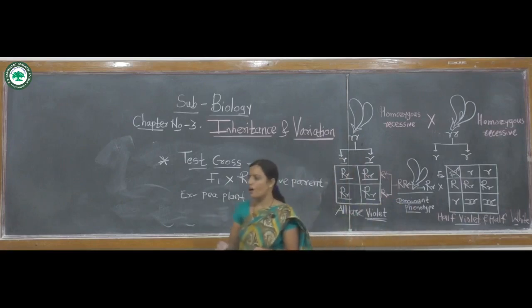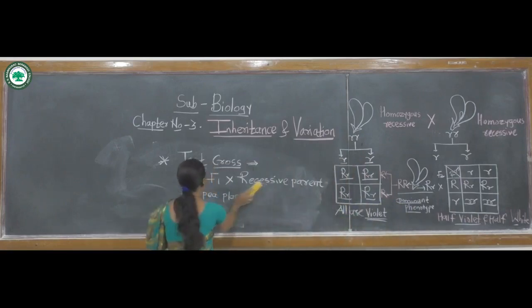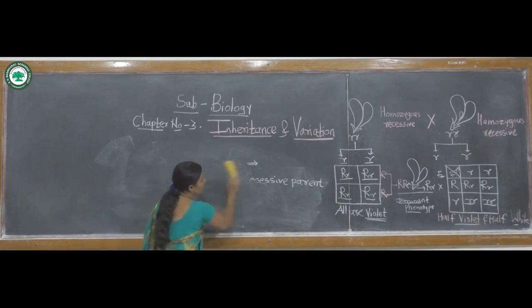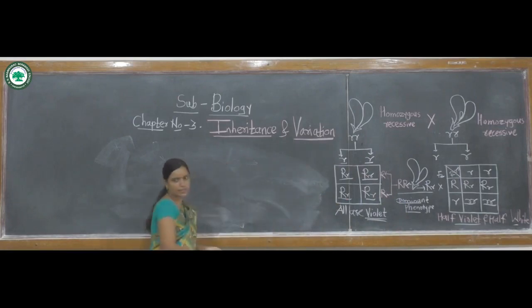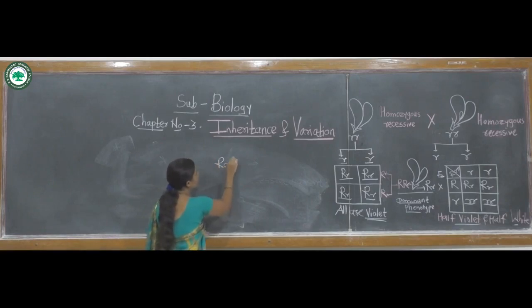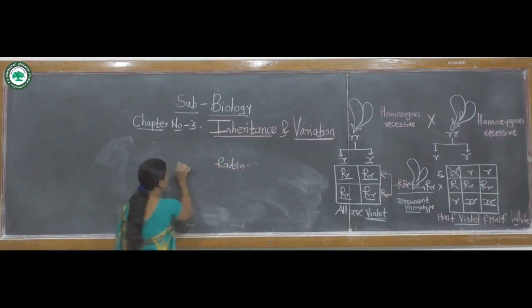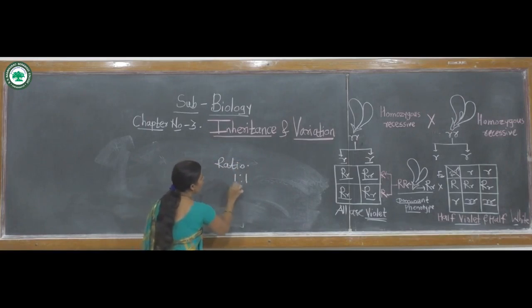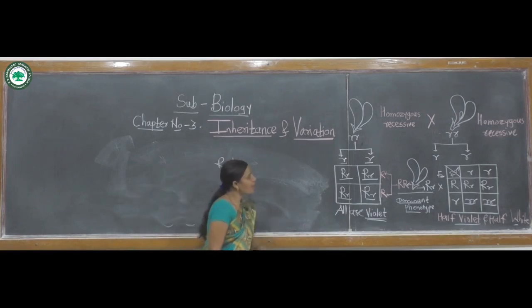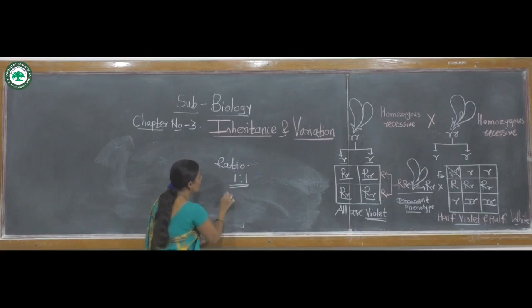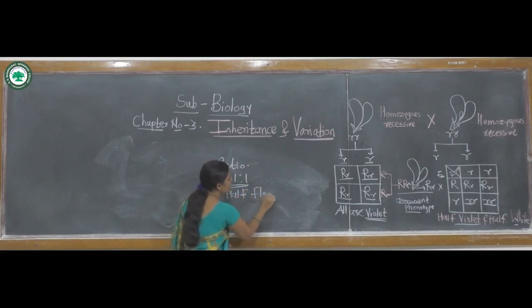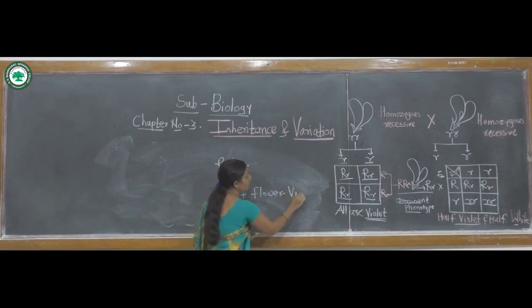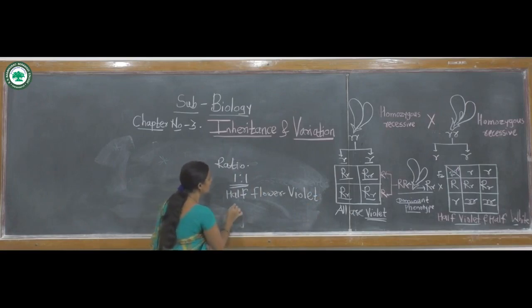The test cross produces a 1:1 ratio, the phenotypic ratio. 1:1 means half the flowers are violet and half are white color.